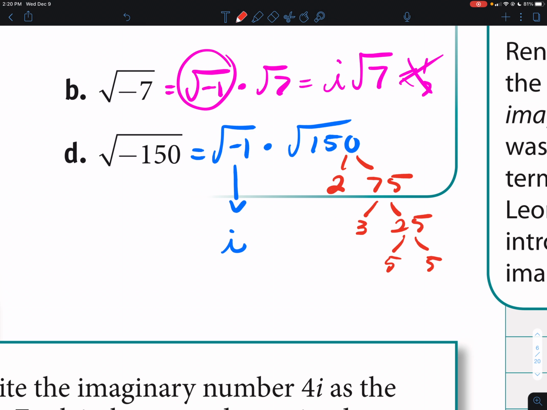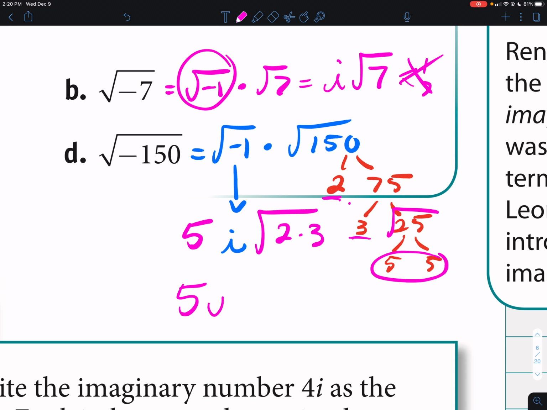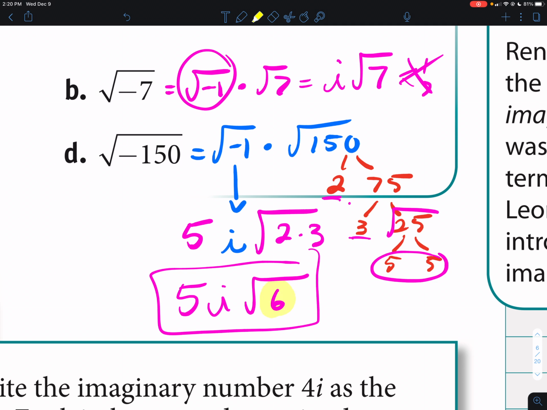So for this problem, we have a pair of 5's. The square root of 25 is 5. And then we're left with a 2 and a 3. And we can multiply those back together. Basically, you have 2 times 3 in here. So our final answer is 5i radical 6. So the number that's left inside should not have any perfect square factors, basically.